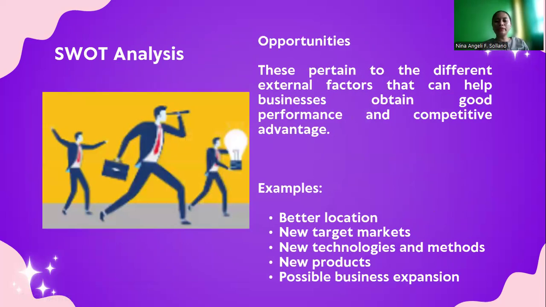For opportunities, we have good performance, a better location as well, new target markets, new technologies and methods used, new products, and possible business expansion. So you can see that your business is really good if you have these examples.